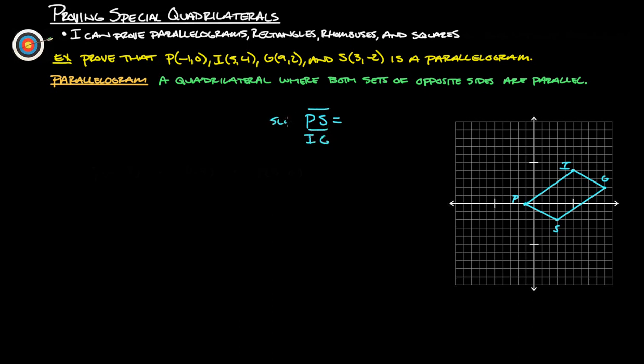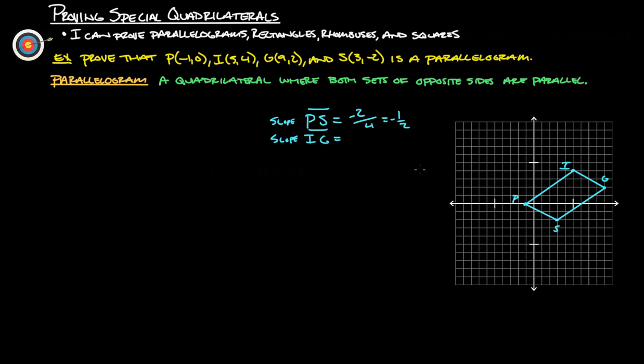For PS, I always like to start on the left and move to the one on the right. So if we're going to do rise over run, we go down 2 over 1, 2, 3, 4. So it's -2 over 4, which is -1/2.